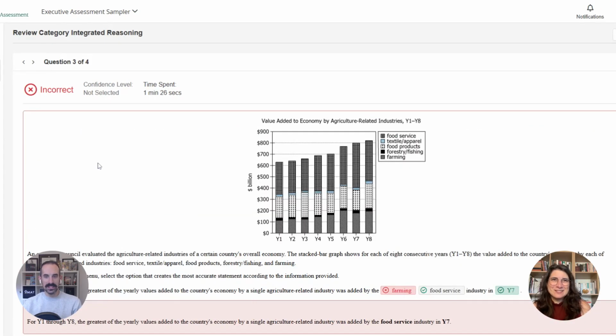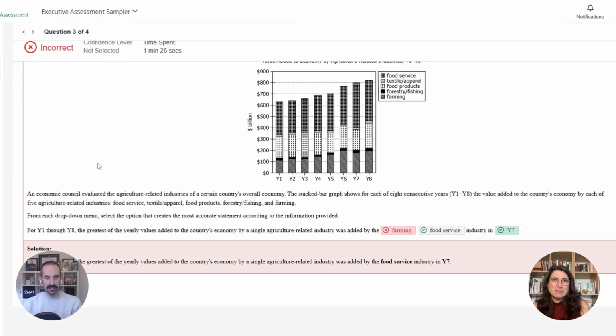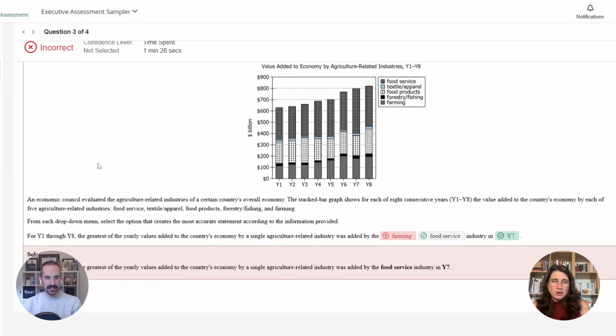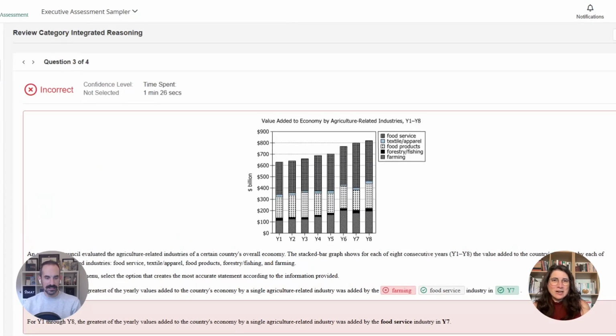This third question is the one I got wrong. Is this a graphics interpretation? This is a graph question, exactly. There are 2 broad kinds of graphs you'll see on the test. You'll see what I'll call classic graphs like this one, the kind you'd see in a textbook: column charts, bar charts, pie charts, standard kinds of charts. You can also see just diagrams.